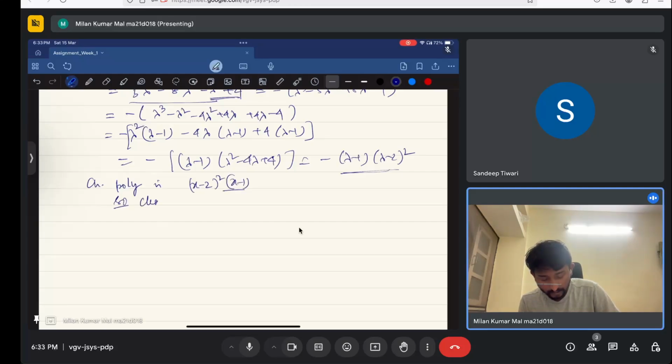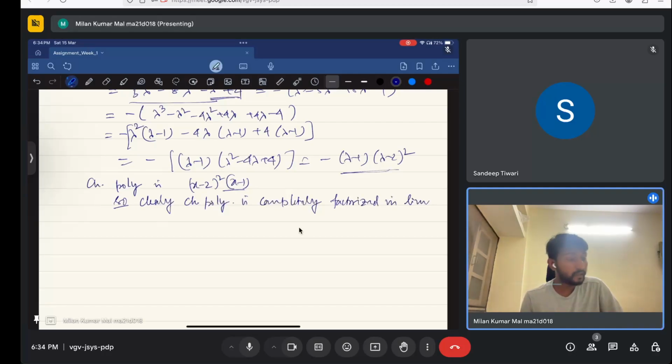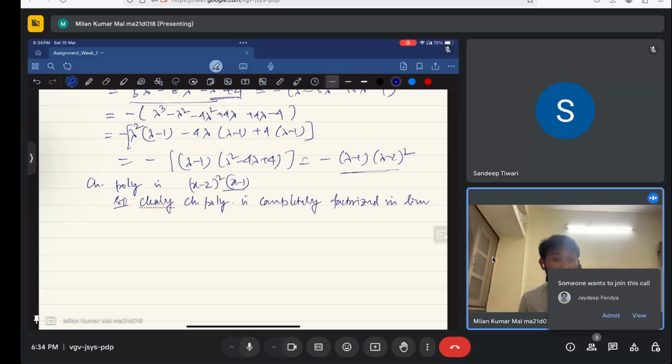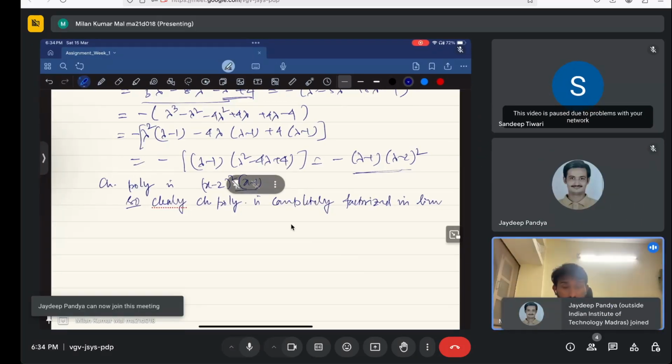So clearly the characteristic polynomial is completely factorized in linear factors.